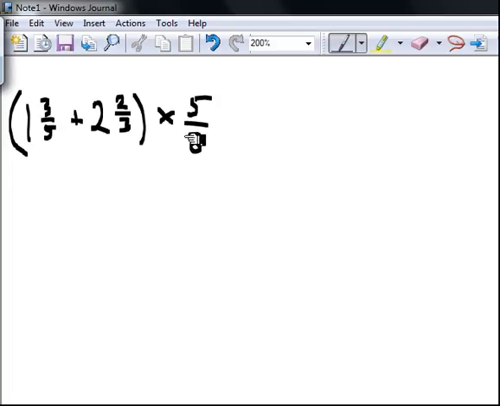as we did before when we had multiplication and mixed numbers, let's calculate this and make it into one fraction, one improper fraction. Okay?